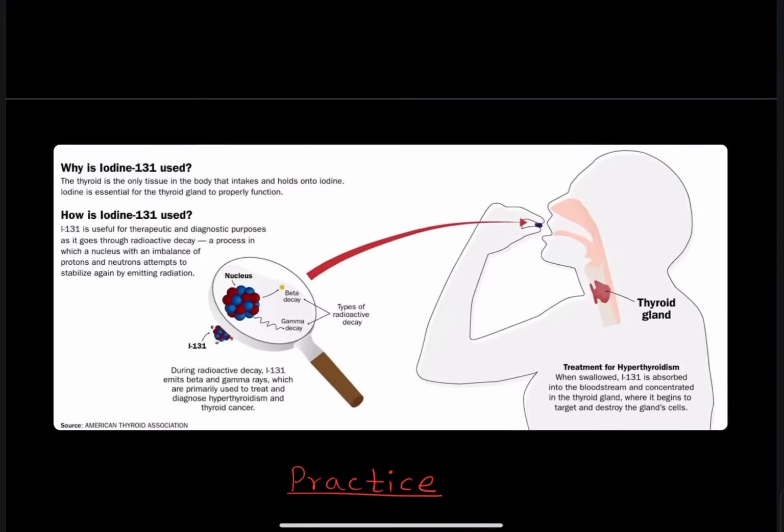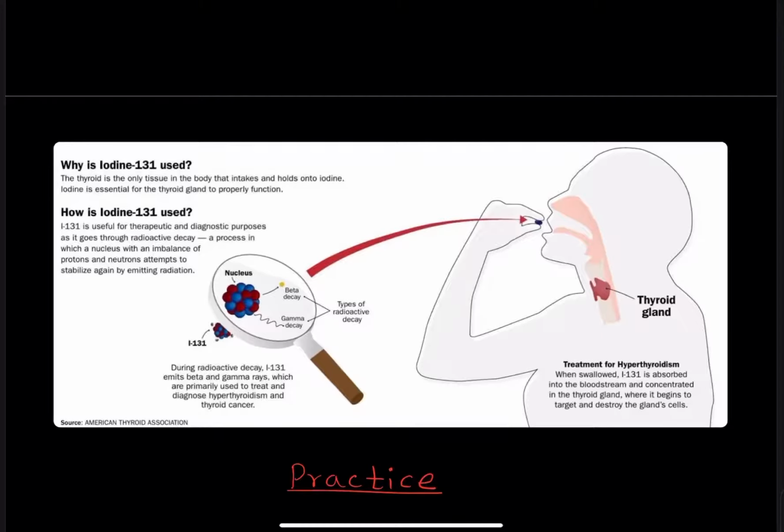As you look here, there is iodine-131, and here we're targeting the thyroid gland. To simplify, we usually use this radioactive isotope for therapeutic or diagnostic purposes. In this case, iodine-131 is used for the treatment of hyperthyroidism.